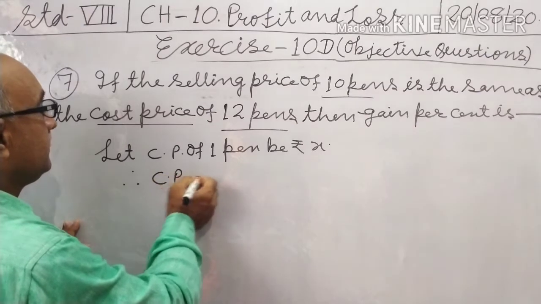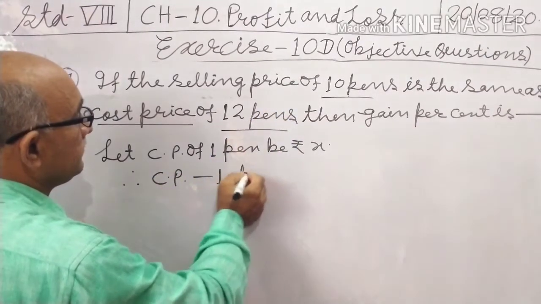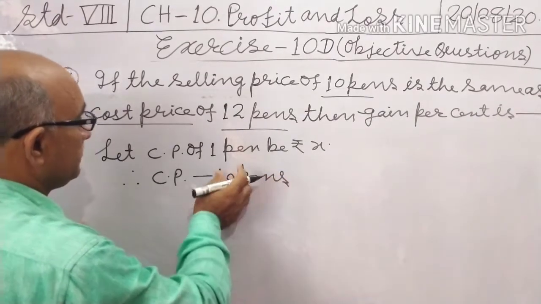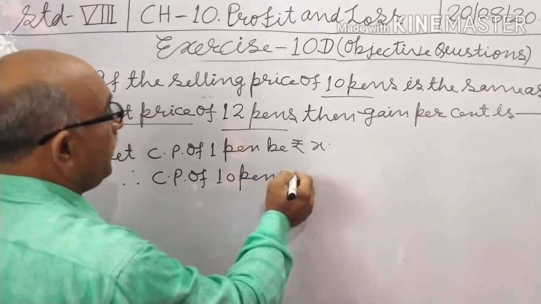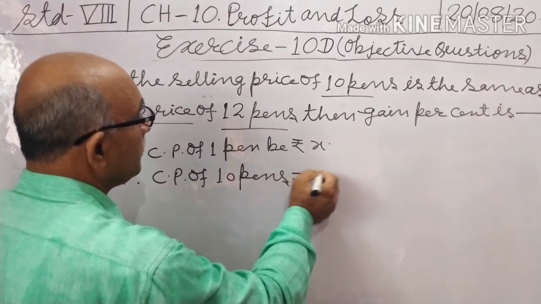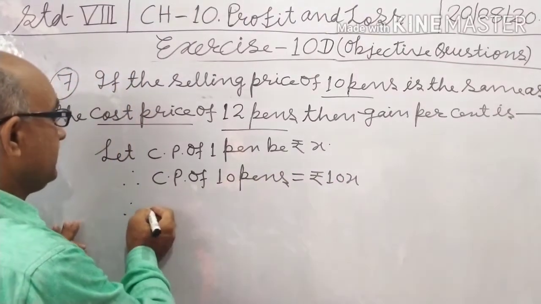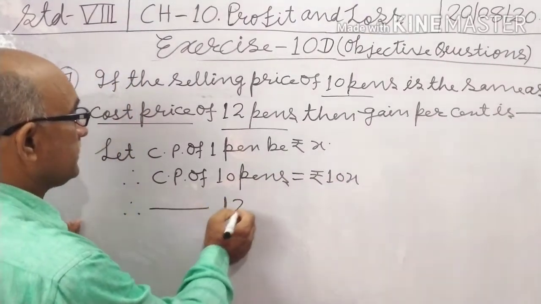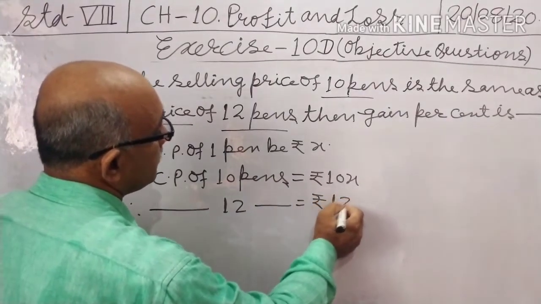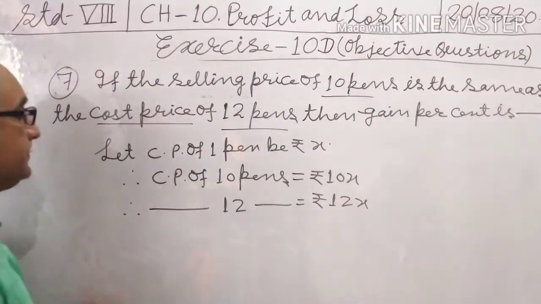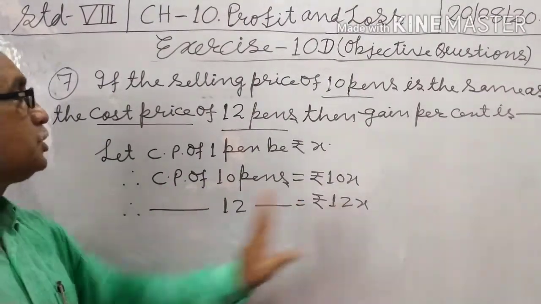Therefore CP of 10 pens equal to rupees 10x. CP of 12 pens equal to rupees 12x. CP of 10 pens 10x, CP of 12 pens 12x.